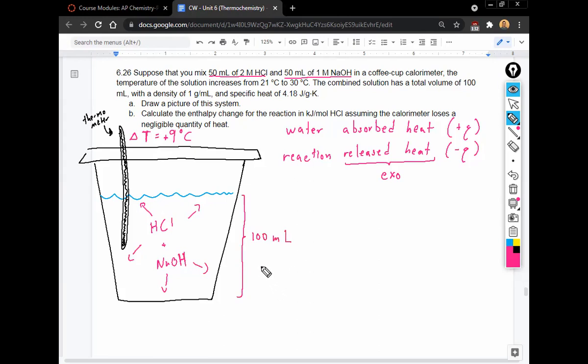Okay, and it tells you that the density is 1 gram per milliliter and the specific heat is 4.18 joules per gram Kelvin. Okay, so whew, that's a lot of information. Oh, we didn't even talk about the molarity. Okay, the hydrochloric acid is 50 milliliters of 2 molar, and the NaOH is 1 molar, 50 milliliters.